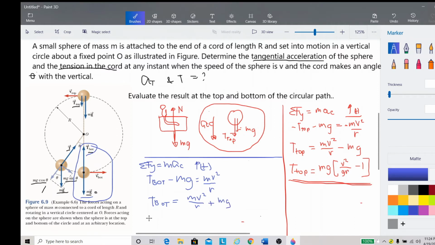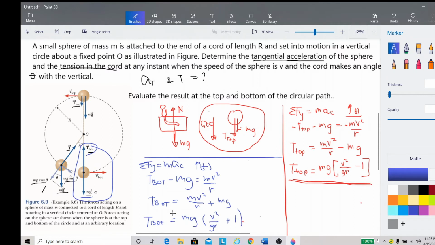So we factor out mg. T at the bottom becomes mg, then we will have v squared over gr or rg, whatever. So this is plus 1, no?